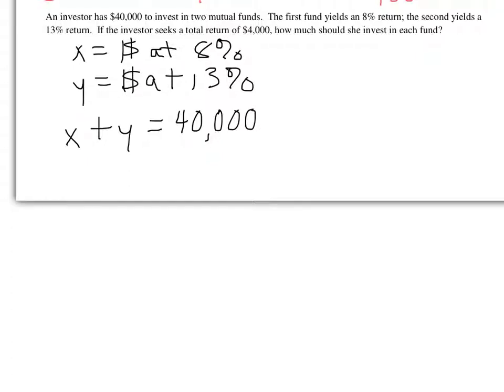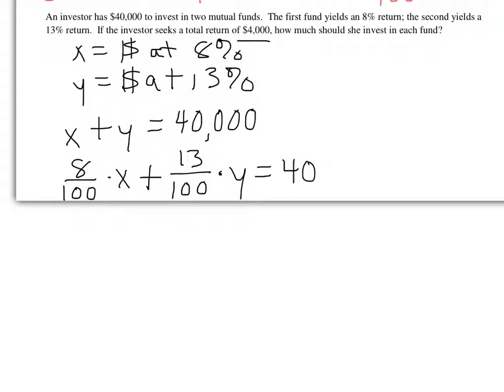We want to get $4,000 interest from this. How are we going to calculate interest? We'll take 8% of the amount we invested, that's X, plus 13% of the amount we invested at 13%, that's Y. And if we add those two together, we have to get $4,000 interest from this investment.